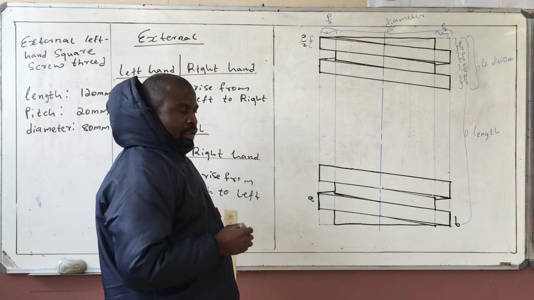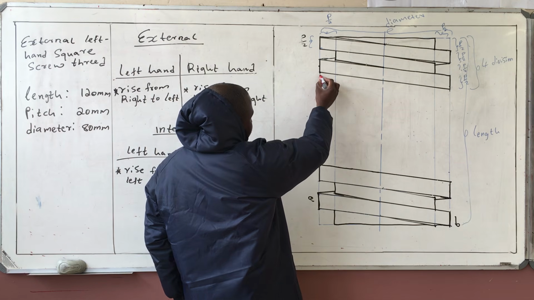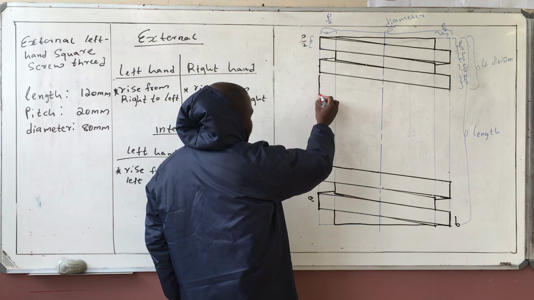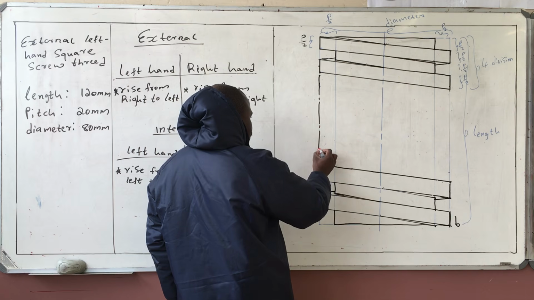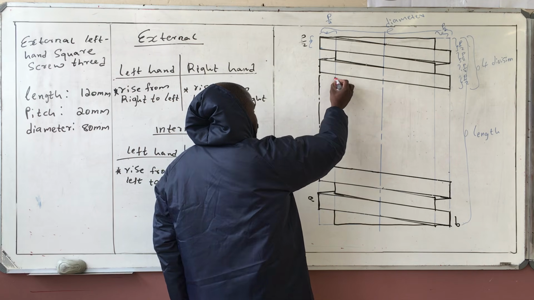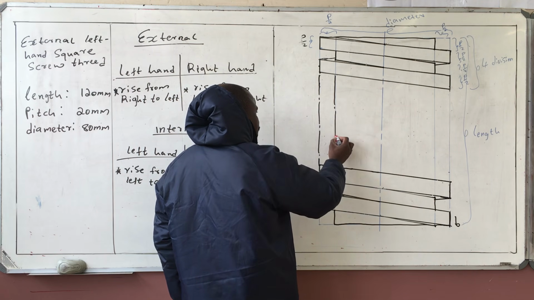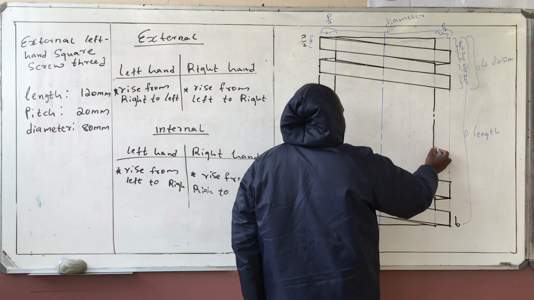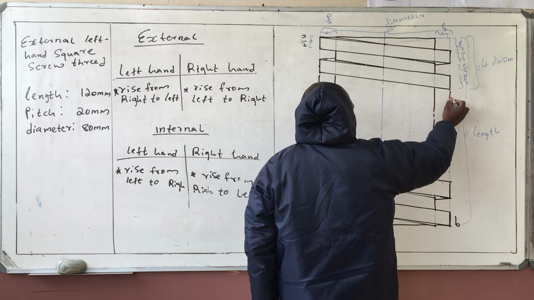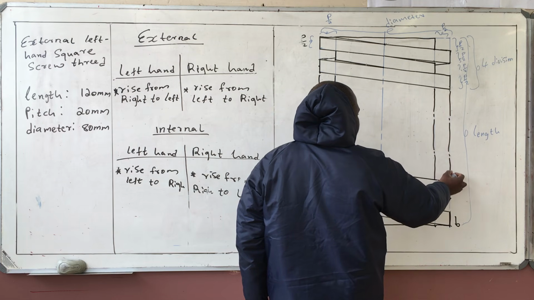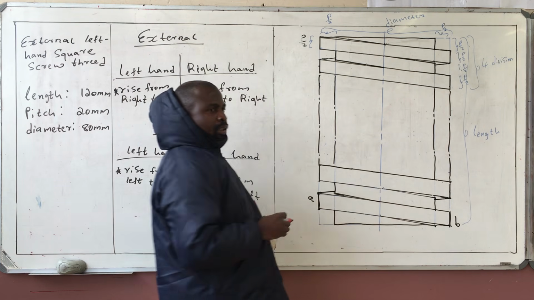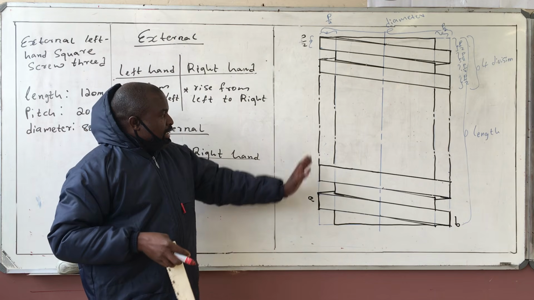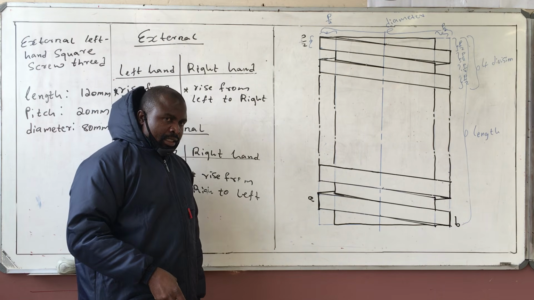Lastly, from here, you make center line. You make center line even on this line. Remember, initially you drew using fade line. So that fade line, make it a center line.